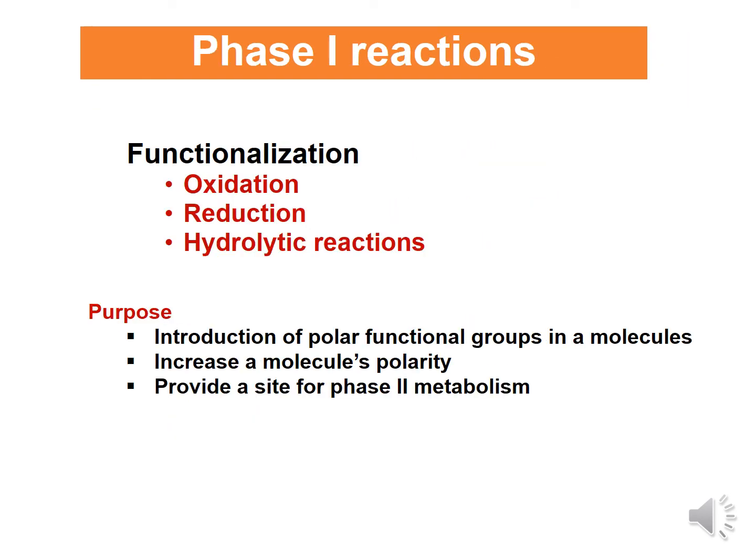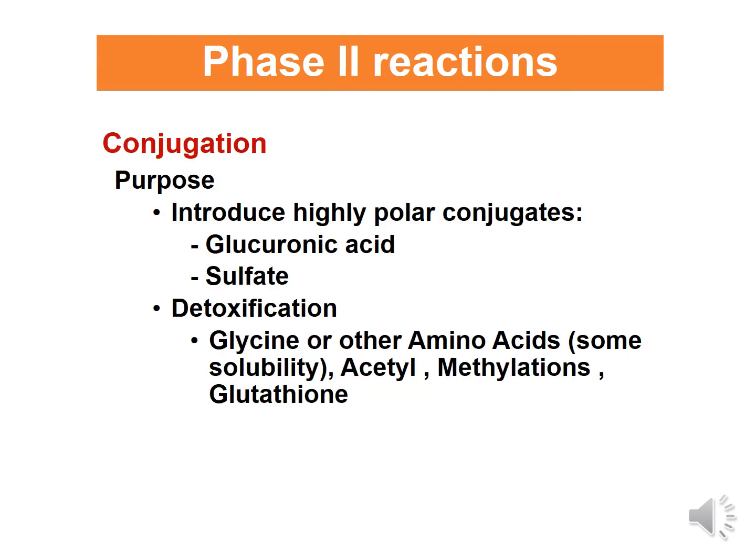Phase 1 includes reactions of functionalization like oxidation, reduction, and hydrolytic reactions. The purposes of these reactions are to introduce polar functional groups into a molecule, increase the molecule's polarity, and provide a site for phase 2 metabolism.